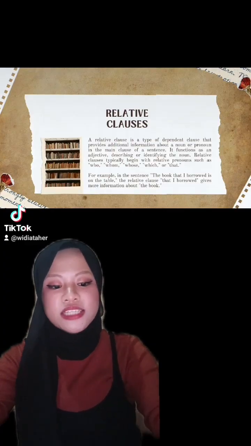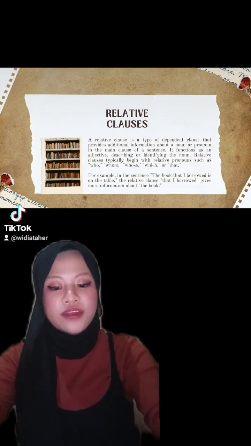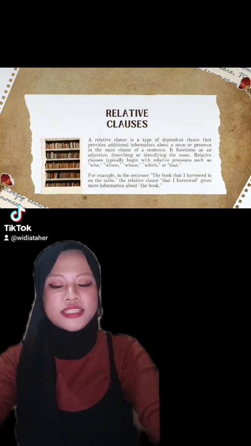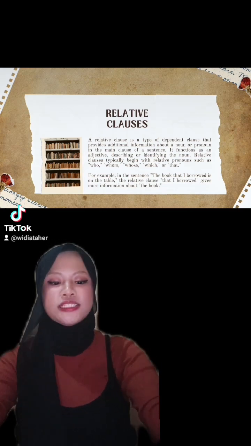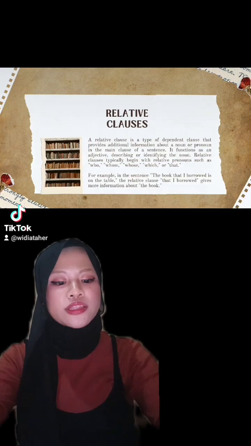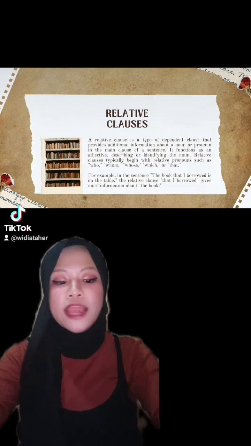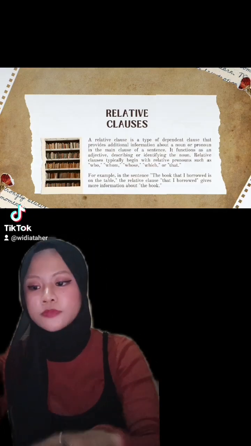It functions as an adjective describing or identifying the noun. Relative clauses typically begin with relative pronouns such as who, whom, whose, which or that. For example, in the sentence, the book that I borrowed is on the table, the relative clause is that I borrowed. It gives more information about the book.